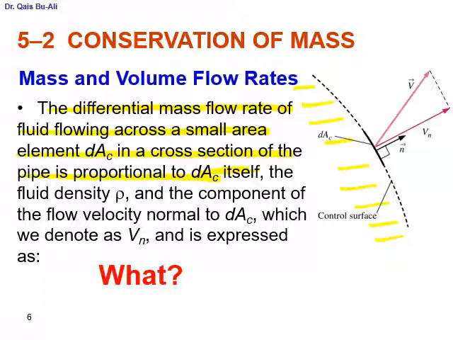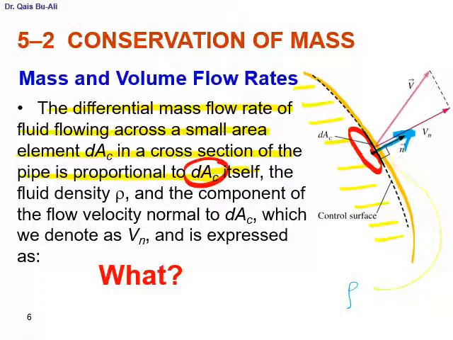I'm going to choose a small area dAc, a differential area, and then I have a fluid crossing this dAc. This is the fluid crossing here, and the density of this fluid is just rho.